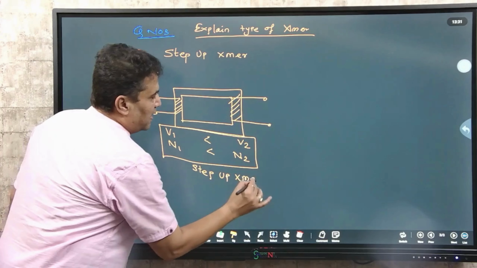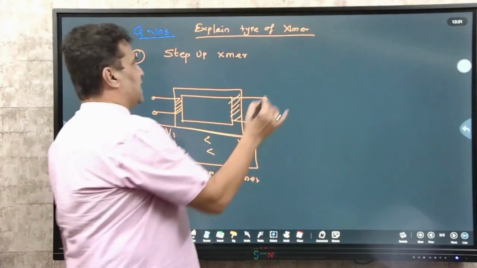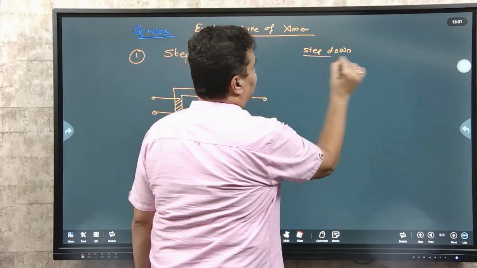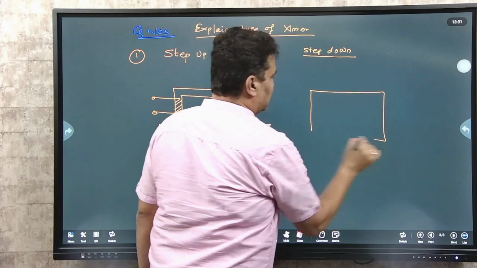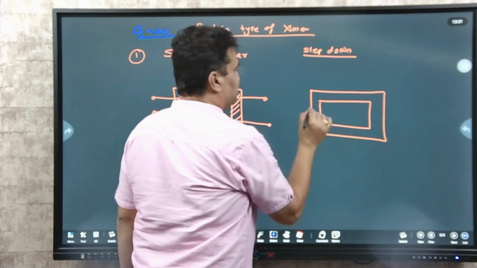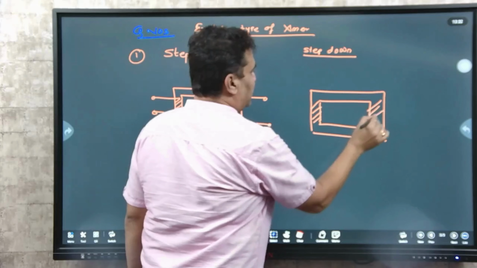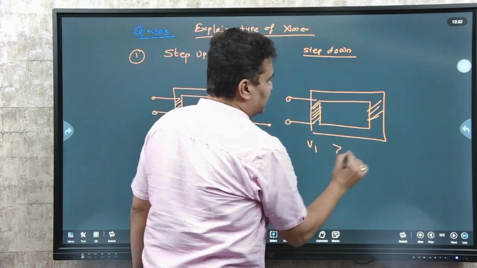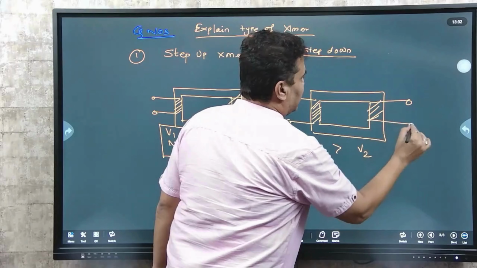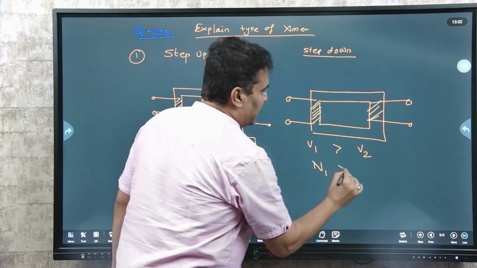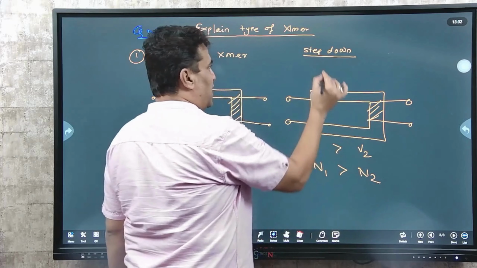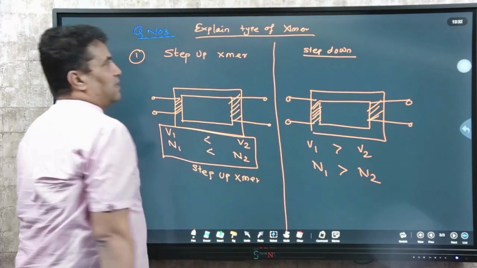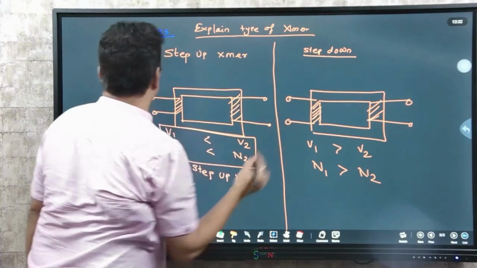So this is another important point, that is a step-up. Second will be the step-down transformer. Write exactly the opposite. In a step-down transformer, the primary turns will be more and the secondary turns will be fewer. This means primary voltage is greater than secondary voltage, meaning N1 is greater than N2, and such a transformer is always called a step-down transformer. So according to the turns ratio, transformers get classified into step-up transformer and step-down transformer.